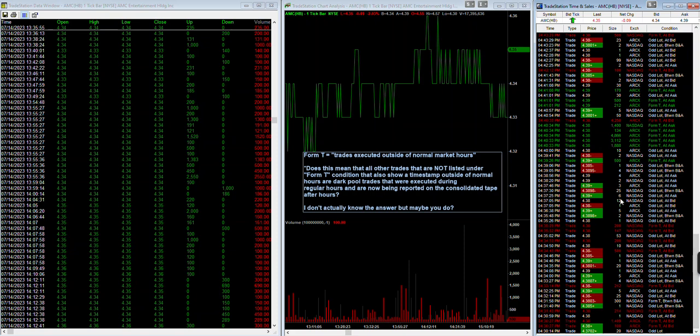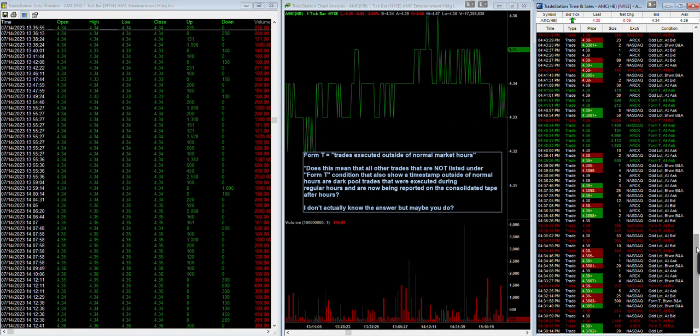You can see that these are relatively small. The size is relatively small of these non-Form T trades. But if I went through, see, there's an interesting one, 99, the size 99 there during presumably regular hours.